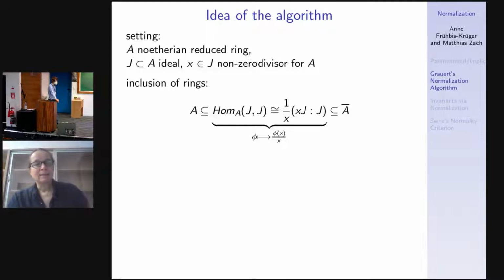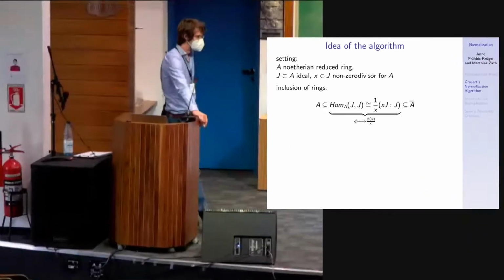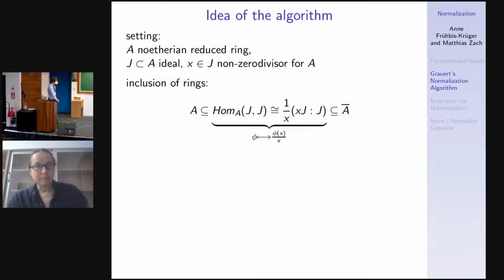And this gives us a very, very useful inclusion of rings that I'm going to explain now. So there is a ring between A and A bar that can be computed. It is the ring of A-homomorphisms from the ideal J to itself.